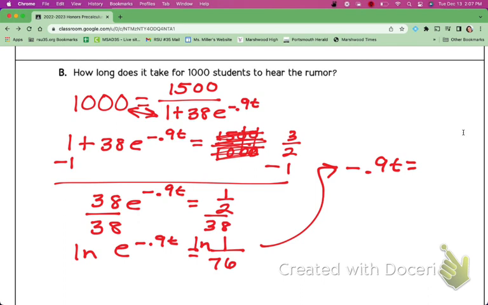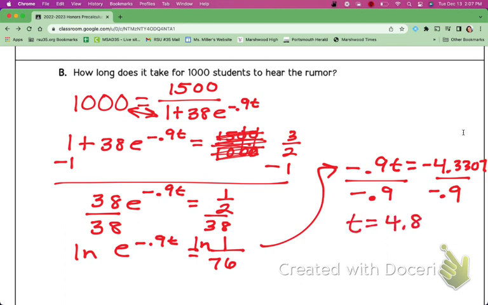Natural log of 1 over 76 is like negative 4.3307 and some change. Divide by negative 0.9. Gets us about 4.8119 days. Are we in days? Days. So by day 5, 1,000 students have heard the rumor. Terrible students. All right.